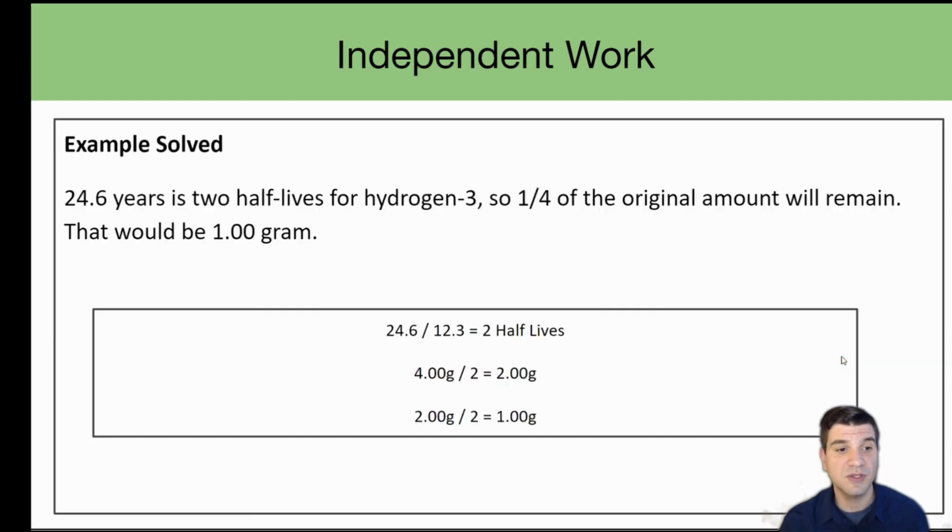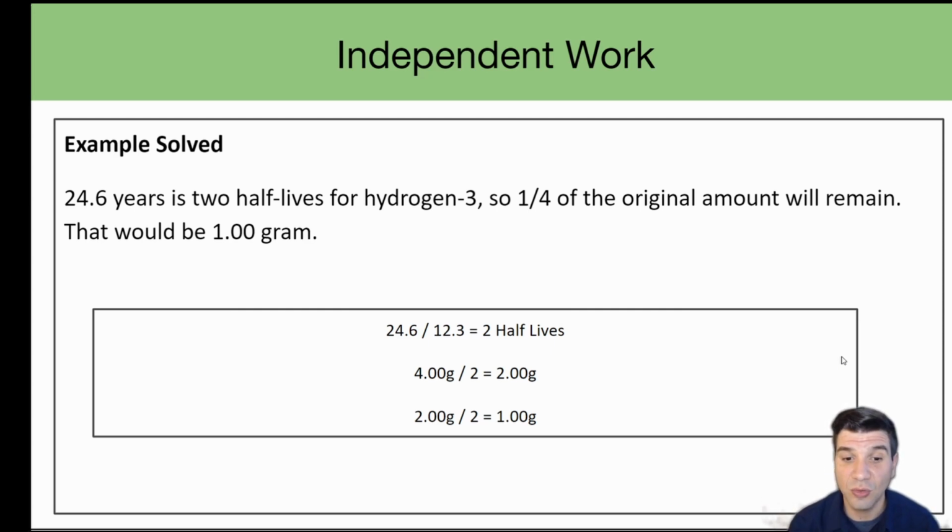Now, you don't have to do this as a table each time. I do find it easier for organization, but it does take more time to write it out that way. So here, example solved. 24.6 years is 2 half-lives for hydrogen-3, so 1/4 of the original amount will remain. That would be 1.00 grams. So again, it was 24.6 divided by 12.3.